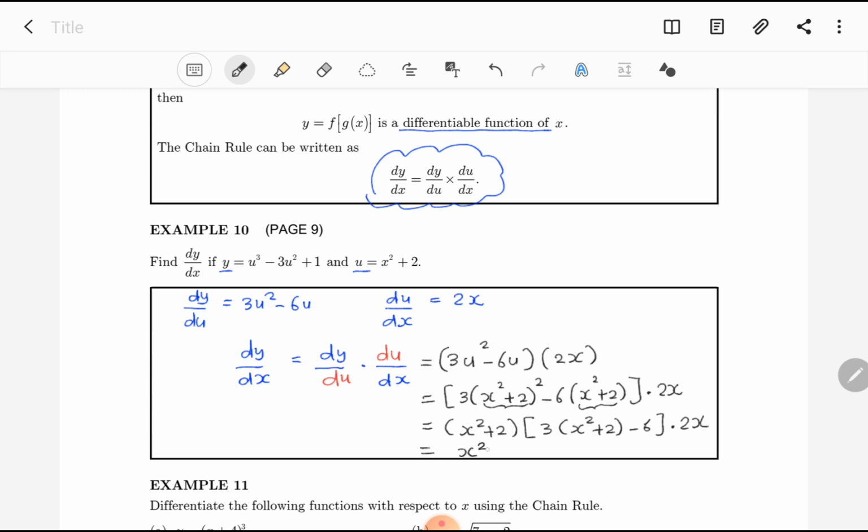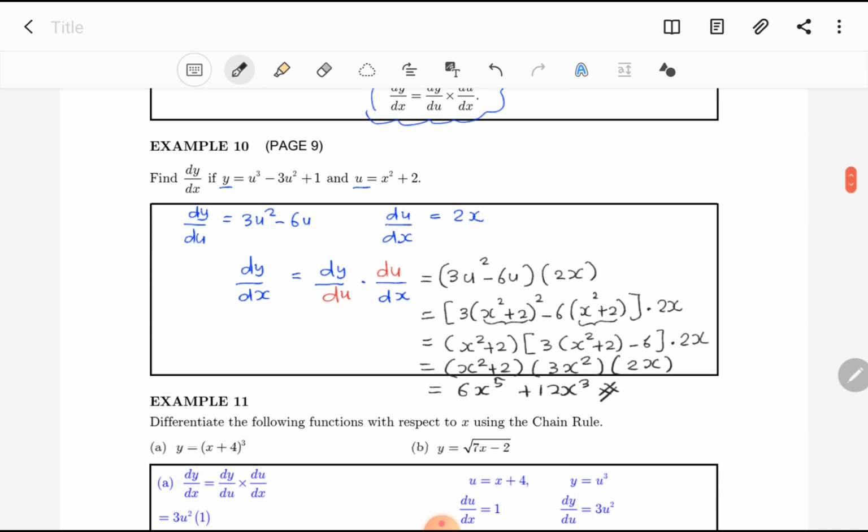Then we have x squared plus 2 times 3x squared, and times 2x. The final answer will be 6x to the power of 5 plus 12x cubed.